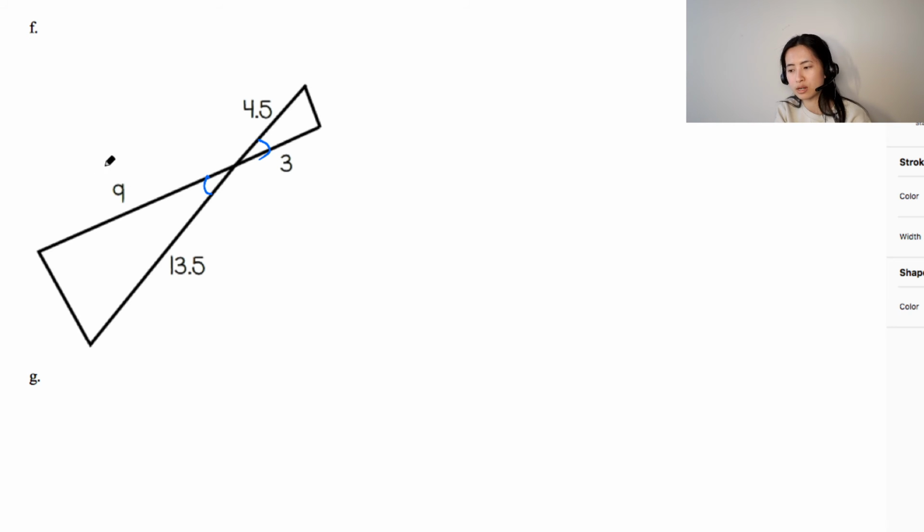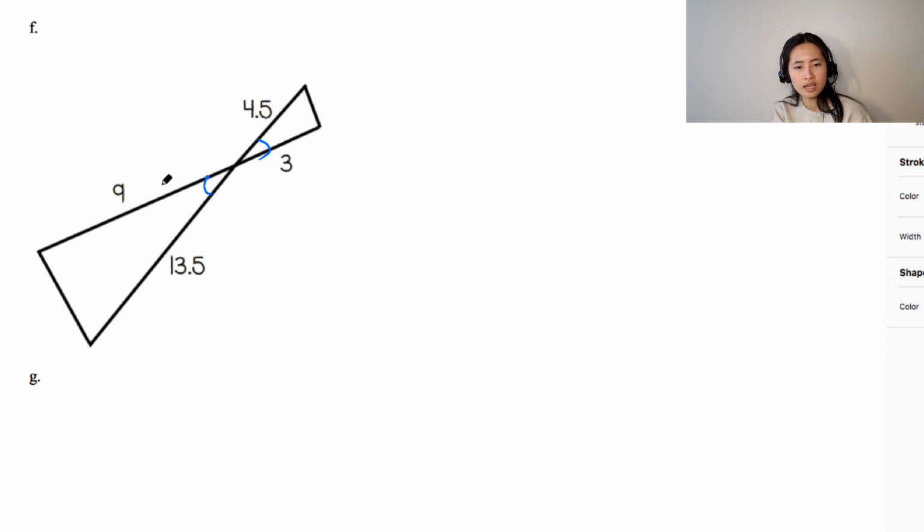So maybe we can ask ourselves, okay, you have 9 and you have 4.5, then this is 13.5 and 3. So how do I know which sides I need to compare? If you have, let's say, this 3, I'm going to compare that with 9.